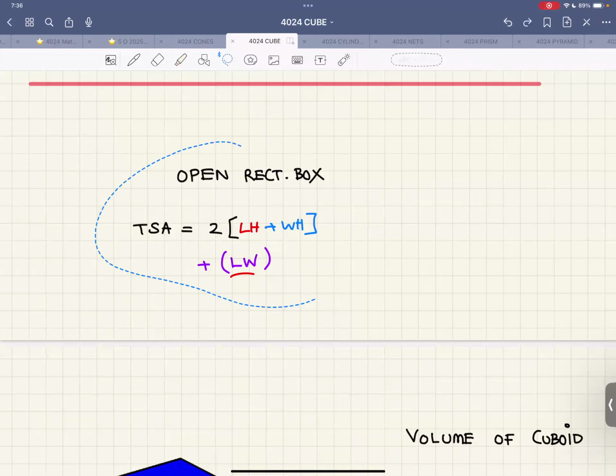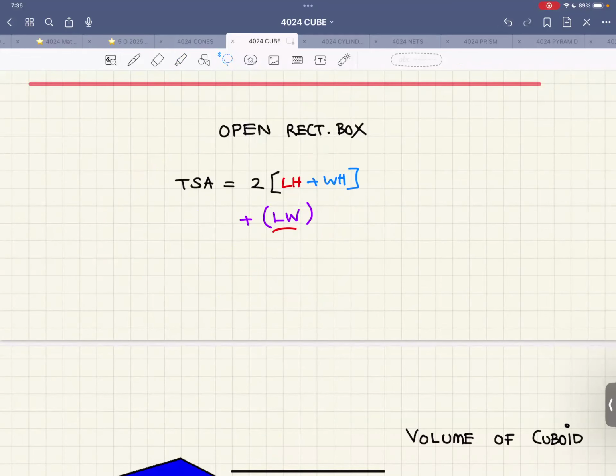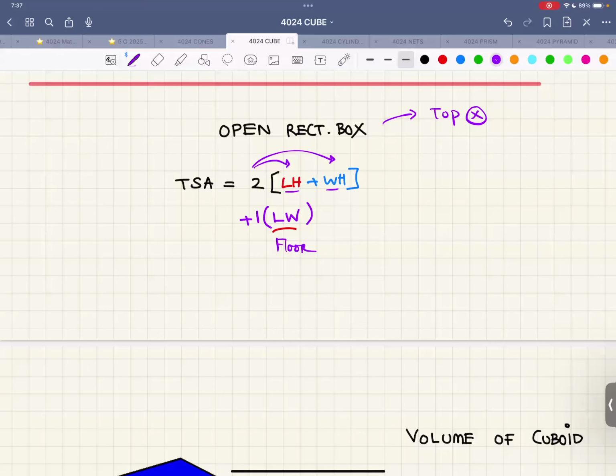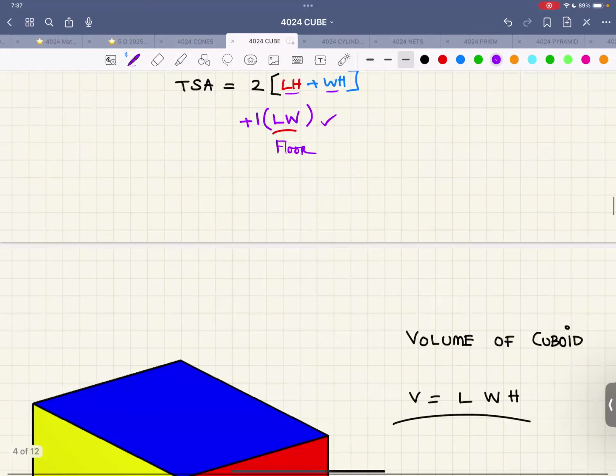So now if it's an open rectangular box, so the top is missing and there are 2 of this thing, 2 of this thing and 1 of this thing. So this is the floor. The ceiling is missing. The top is missing. So 2 of the walls, 2 of the front and the back, and 1 of the floor, the top is missing.